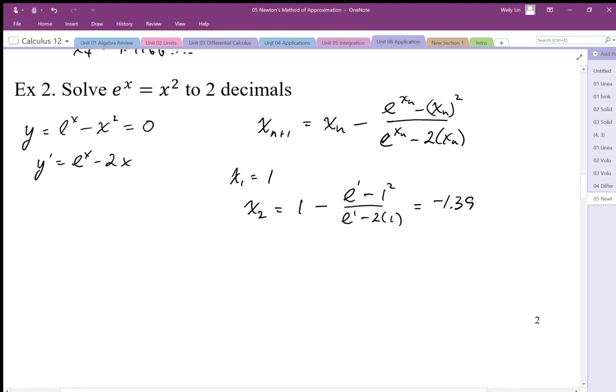If I apply this 4 times, my x3 value works out to be negative 0.835, I think it is. My x4 works out to be negative 0.7098, dot dot dot. My x5 is negative 0.703, dot dot dot.